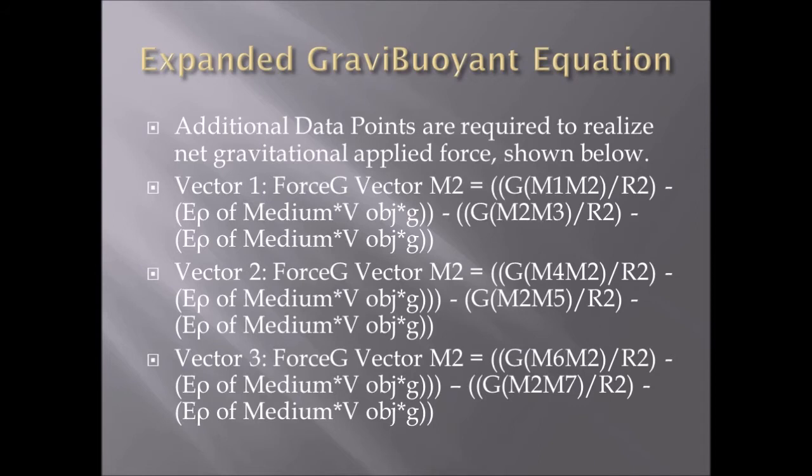Once you calculate that, you subtract the energy density of the medium times the volume of the object times the little g, and that'll give you an equation where you're not only calculating the gravitational force, but it also puts in perspective the medium you're in, because it's not always like it is in the books where you just have a massive object, then nothing in between the 2 objects, and then another massive object.